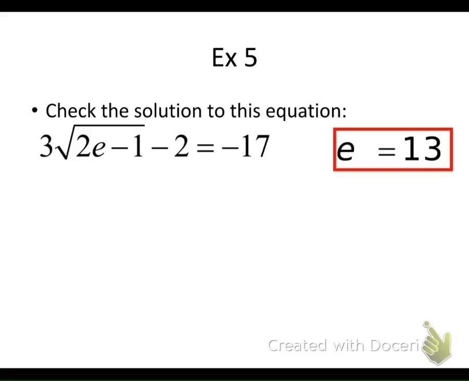So this time, when I see the variable e, what value am I going to substitute for it? 13. So I'm going to first rewrite my equation. So 3 square root of 2 times 13 minus 1. Now I'm going to make sure anything that's under the square root, I keep under the square root. Anything that is not under the square root, I am not going to just add in there, okay?